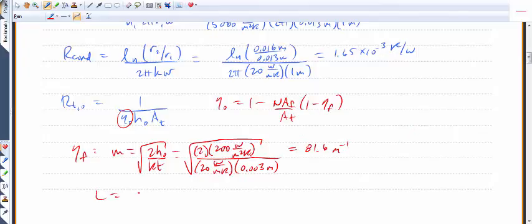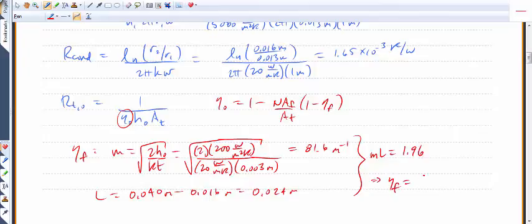L is 0.040 meters minus 0.016 meters, which is 0.024 meters. Combining them together, m times L ends up being 1.96. Therefore, the fin efficiency is the hyperbolic tangent of 1.96 over 1.96, which is 0.49.